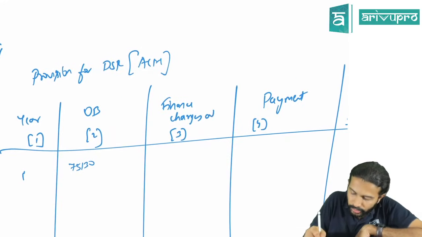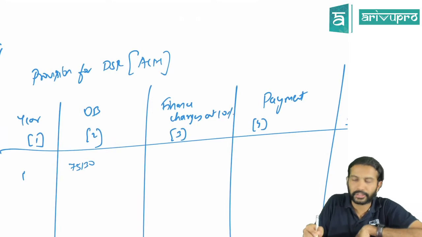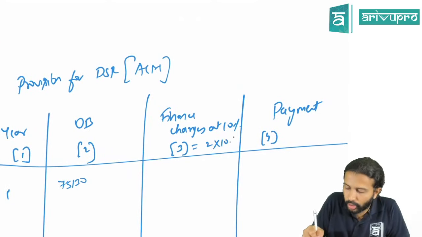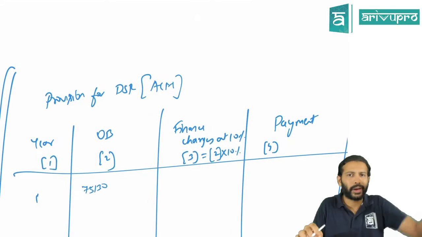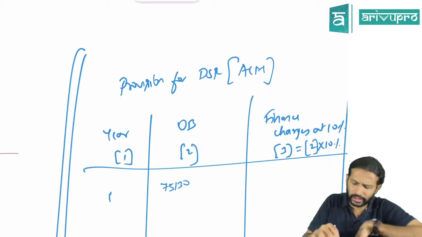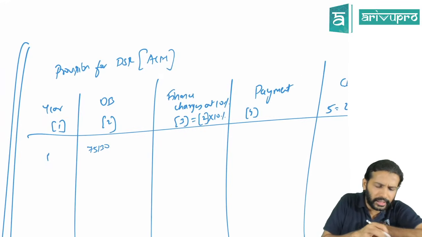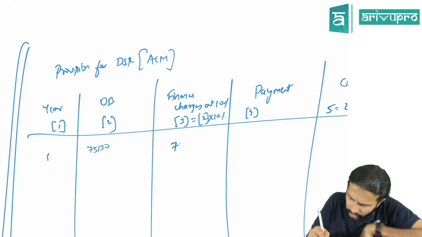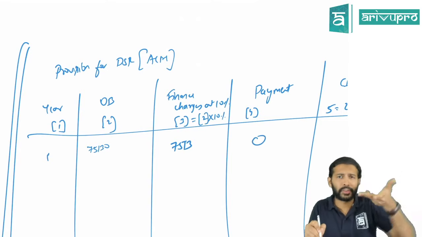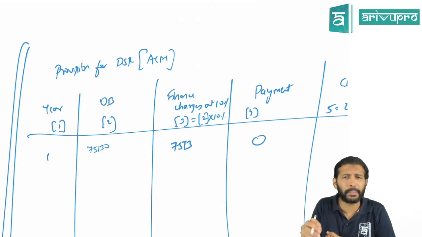Finance charges, you'll charge at the discount factor, which is 10%. So how do you calculate? Column 3 is nothing but column number 2 multiplied by 10%. Why 10%? Because the discount factor is 10%. 75,130 into 10%, you just cut off the zero, so it will be 7,513. Did you make any payment towards this provision?